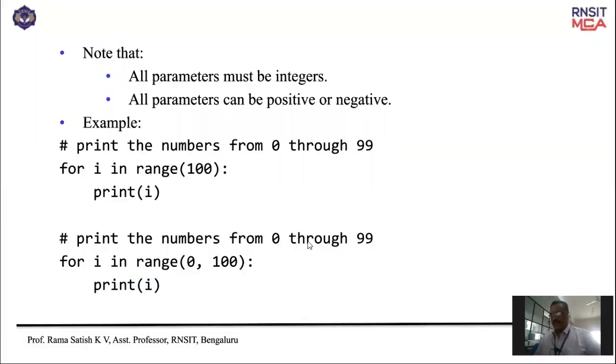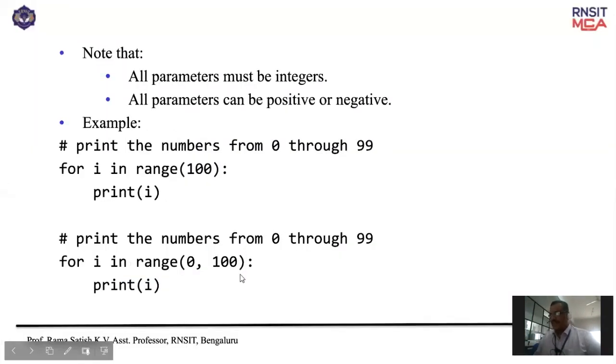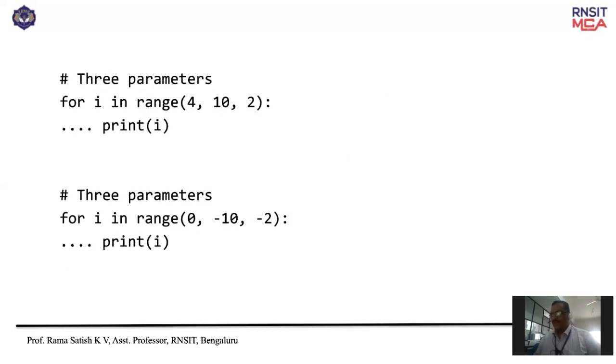Okay, that's about the range function. 0 to 99 it will print. If you don't give the starting value and increment value, the default starting value is 0 and the default increment value is considered as 1. Next, in this case, we have given the starting value, ending value, and increment value also.